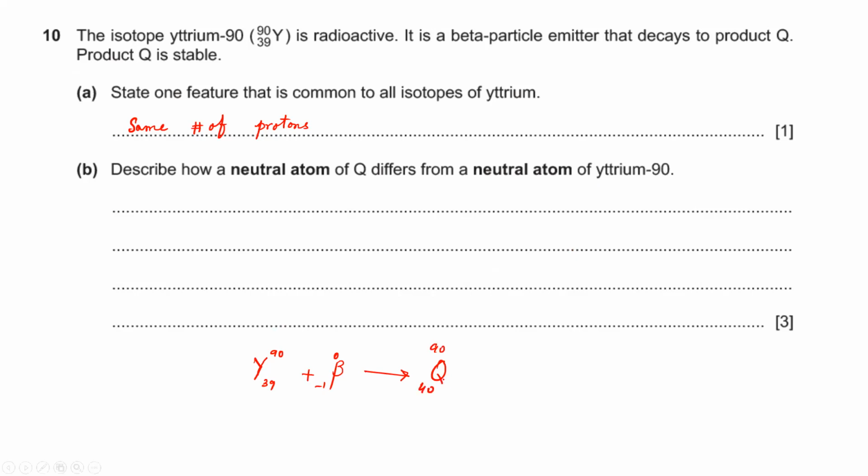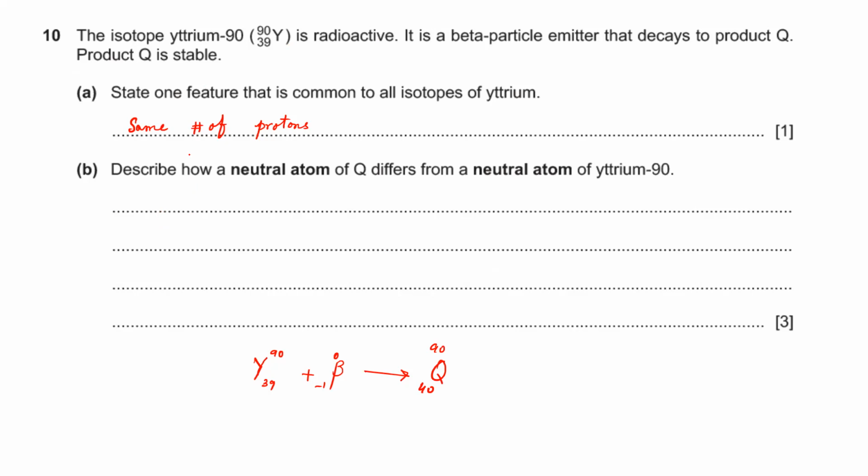So Q is 90 and 40. How does the neutral atom Q differ from the neutral atom of yttrium 90?